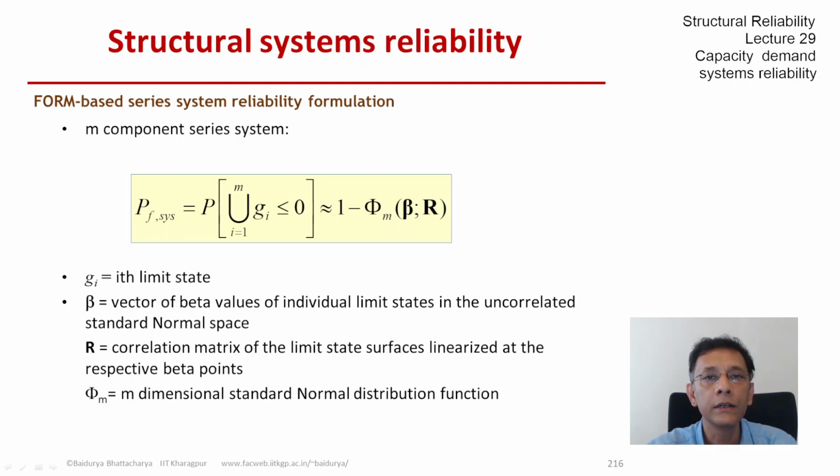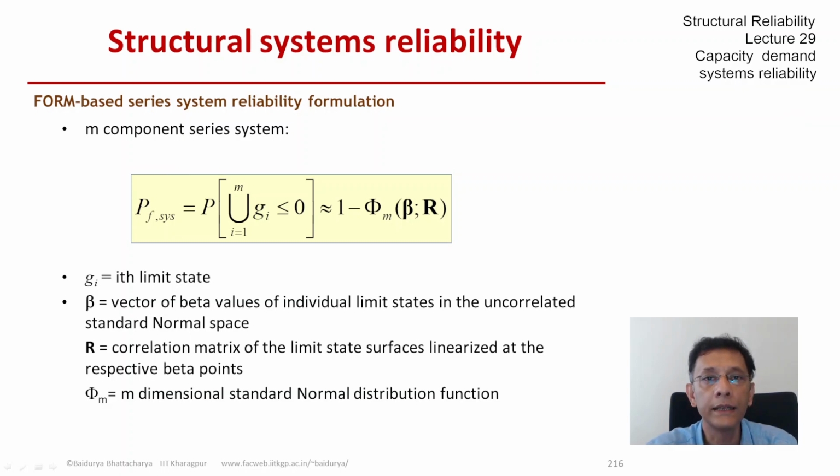We have the union probability of m limit states, and that, as I said, could be given in terms of 1 minus a joint CDF, a joint normal CDF, and now we are using joint normal CDF with 0 mean and with unit variance. So standard normal CDF, that is phi subscript m, that is evaluated at beta.